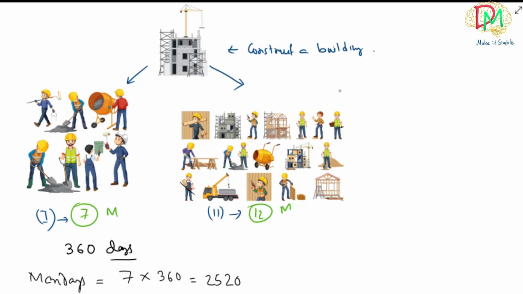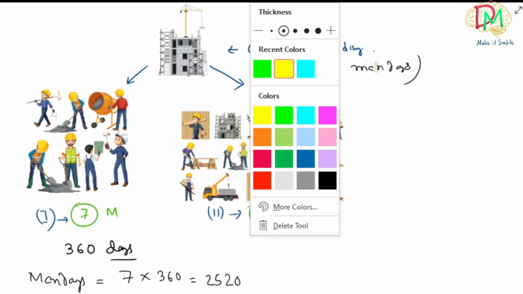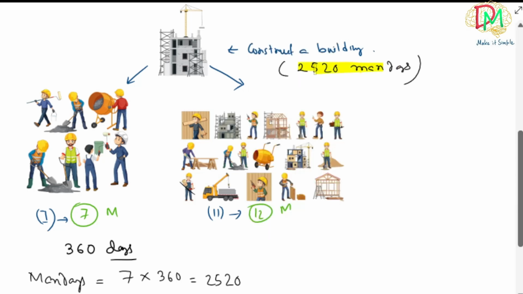So we can measure the unit of work in terms of man days. What does that mean? 2520 man days is required to construct the building.